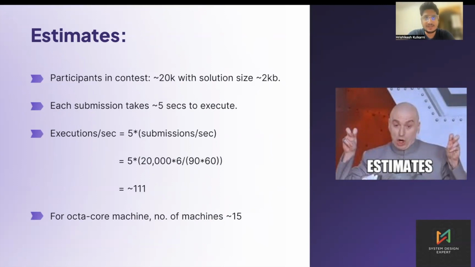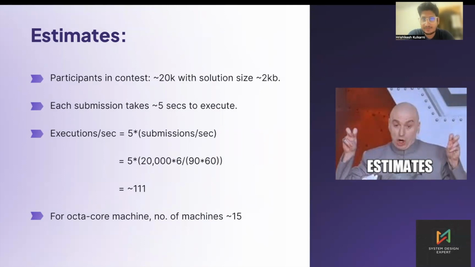This number is taken from Leetcode stats, where for weekly and bi-weekly contests, around 20 to 25K is the max candidate pool observed, with each solution size being around 2 KB. By 2 KB, it implies around 2000 characters in the solution, which is more than sufficient for an average use case.